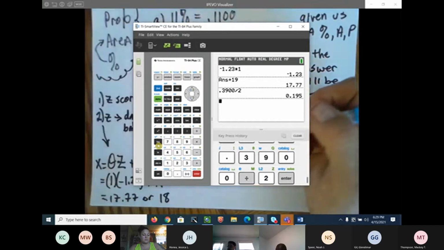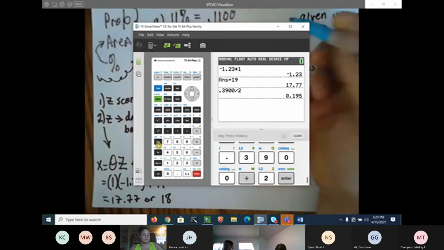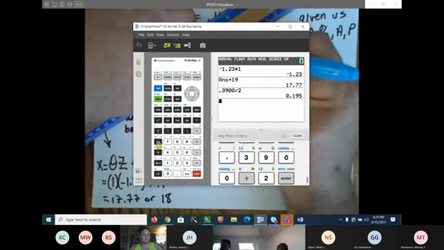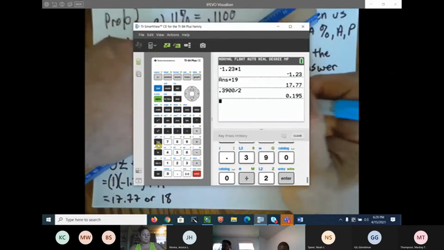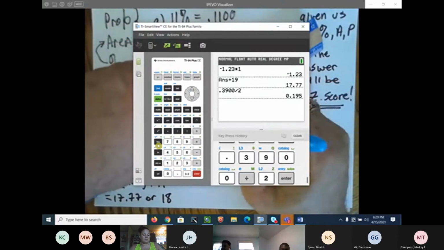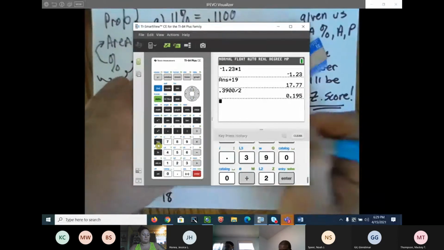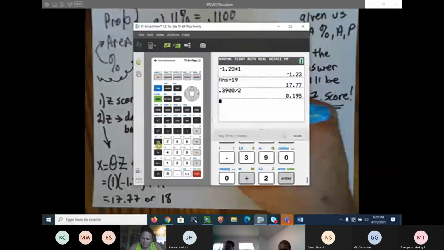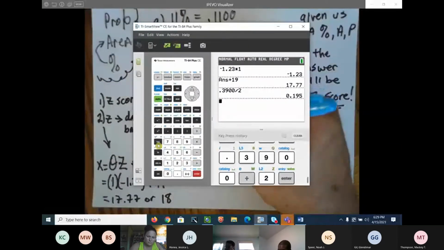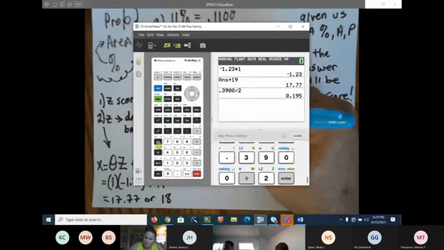And there is my 39%, or my area that's equal to 0.3900, or my probability of 0.3900, whatever you want to call it. Now all we got to do is find these z-scores. Now we know this is point what? 0.1950. And over here is 0.1950.